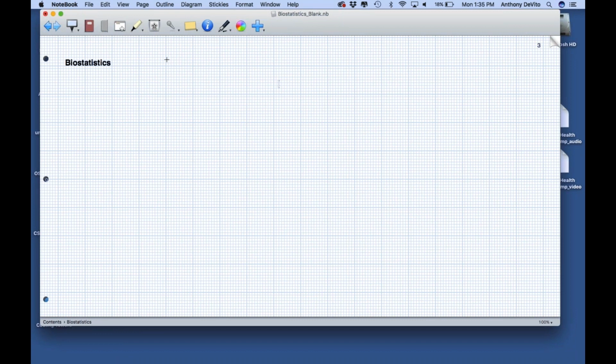Let's say that I have a population A, and I take a sample from that population of 100 people. Okay, turns out my mean is equal to, let's say, 50.